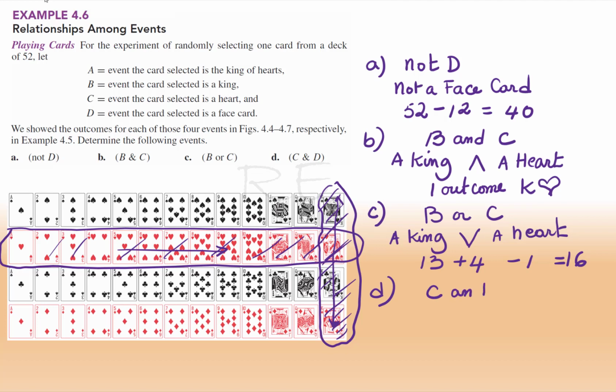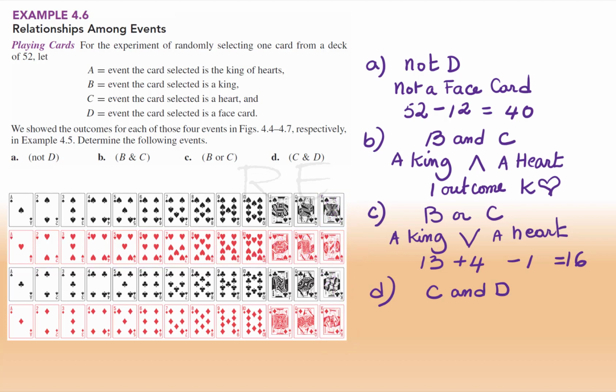And for D, we're going to have C and D. C is a heart. The selected card is a heart. We have 13 of them. And then D is a face card.